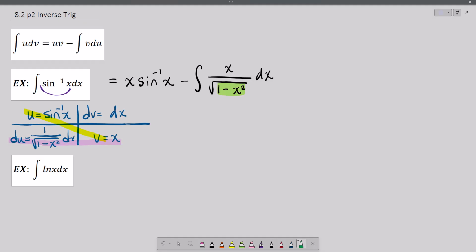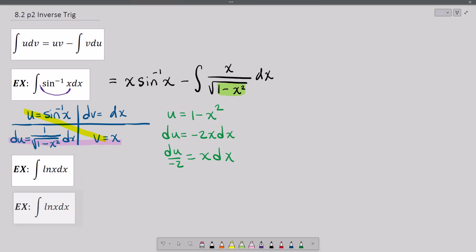So this is a new u. We've already done our integration by parts u, so now we're doing regular u substitution. With regular u substitution, we get to this. And here, if we divide both sides by negative 2, that's going to match our x dx, which we see up there.